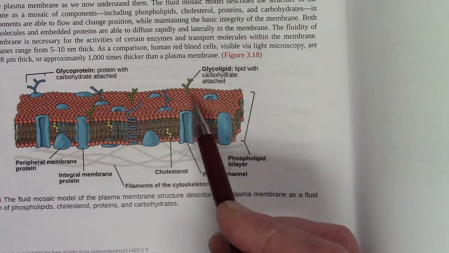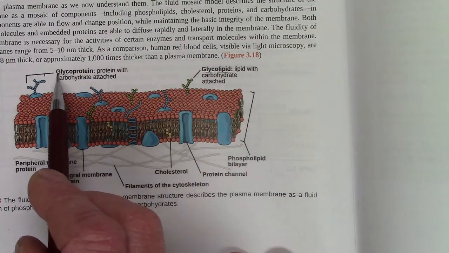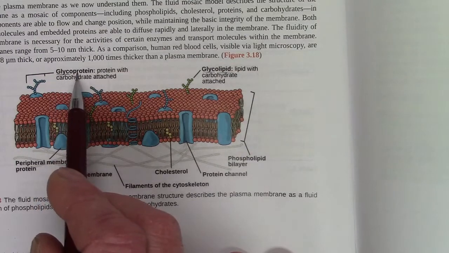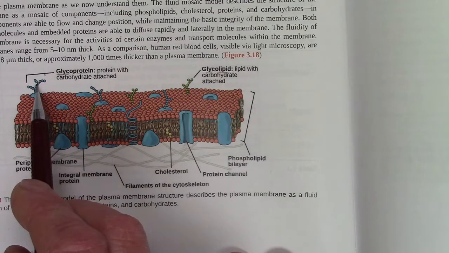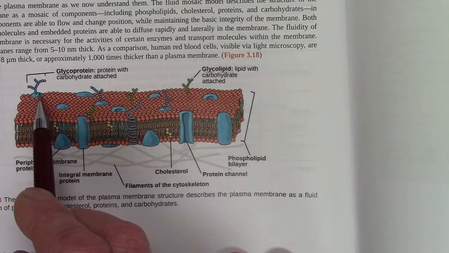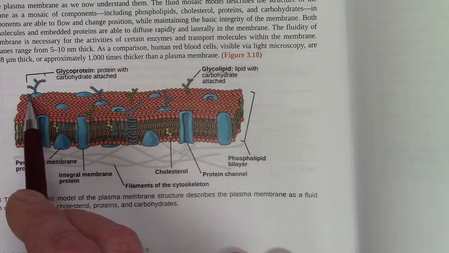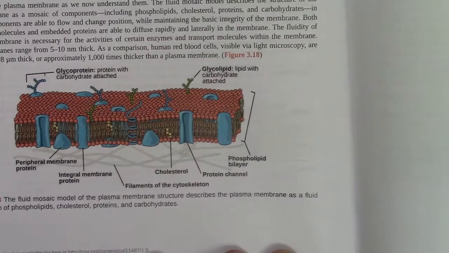We can also have glycoproteins. Glyco is referring to sugar, like glycogen, and the protein. So here are individual little sugar monomers, sort of a branching chain of sugars that are attached to a protein. So this is then referred to as a glycoprotein. That's pretty straightforward.